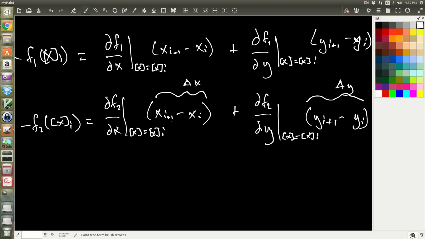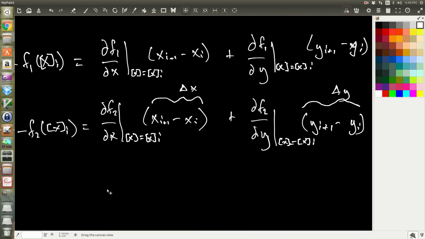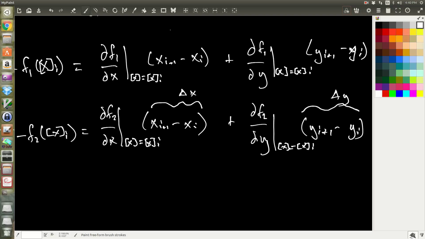We really want to figure out what our xi plus 1s and our yi plus 1s are in terms of the other things. So what we can actually do is now I have kind of two unknowns and two equations.